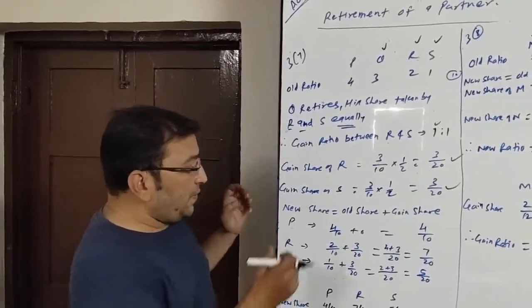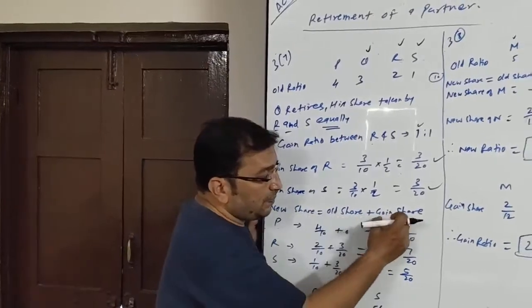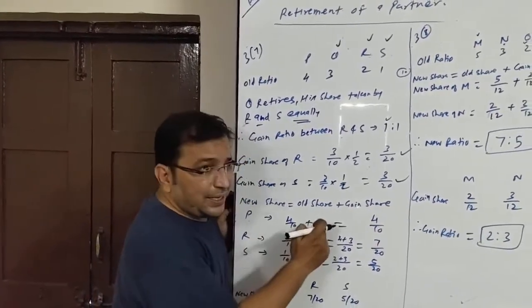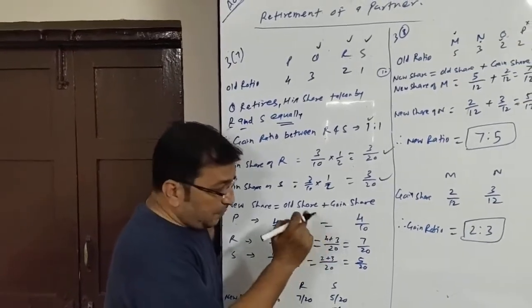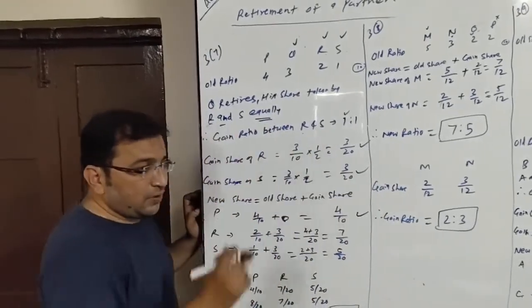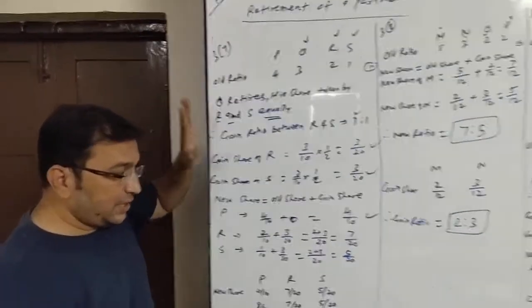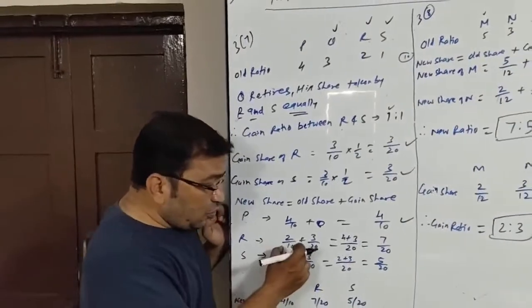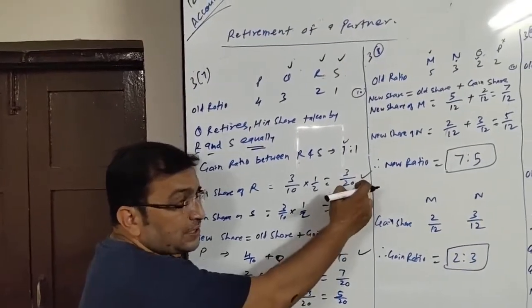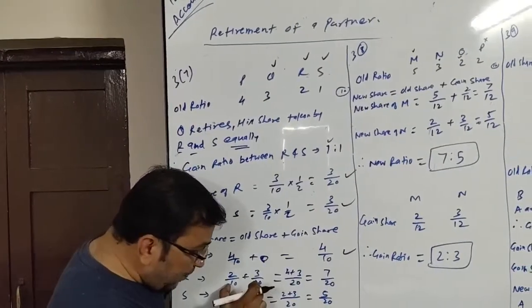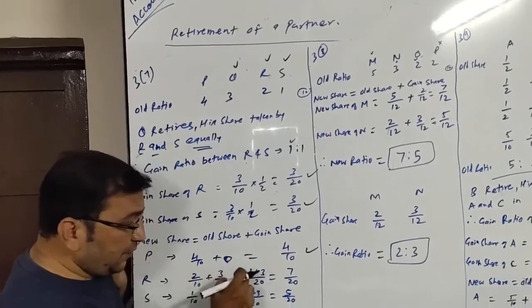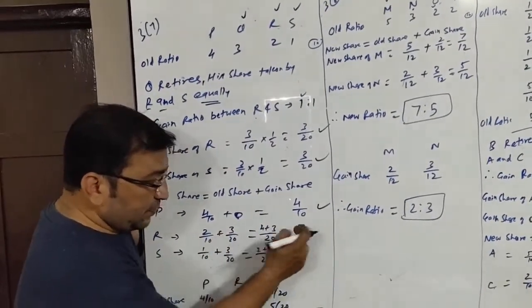Now we will find new share. New share equals old share plus gain share. P's old share was 4/10. He is going to get nothing from Q's share, which means gain is 0. So he is going to have the same share, 4/10. R's old share was 2/10, and 3/20 is his gain share. We will add both. 20 will be the LCM. 10 goes into 20 two times, 2 times 2 is 4, plus 3, 7.